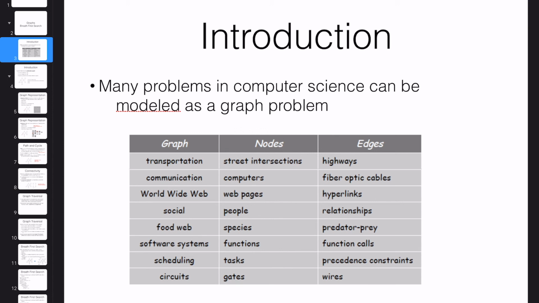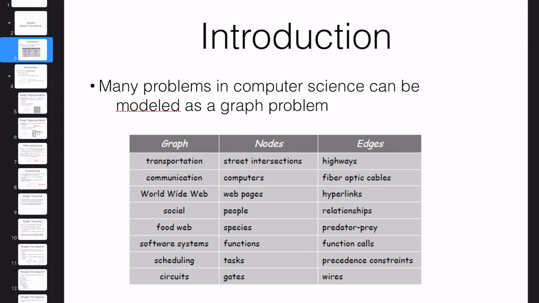Or, for example, in applications like Google Maps or any application that finds a path, you can think of street intersections as the nodes, and the highways and streets between them as the edges, and you want to find a path from one node to another, from one point to another point. The whole computer network can be considered as a graph.